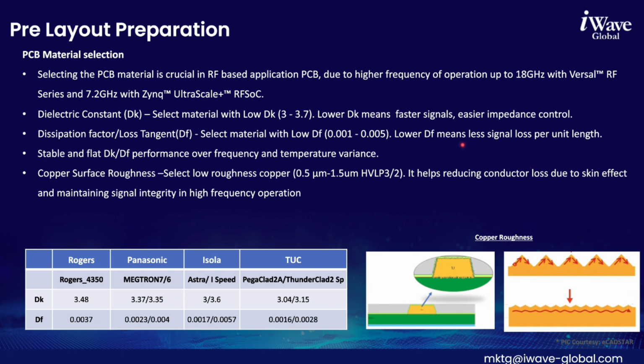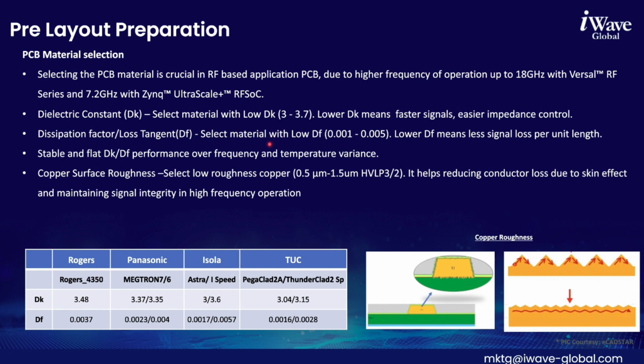We'll have less signal loss over the transmission line. So low Dk and low Df are key parameters. Not only that, we also have to look for stable and flat Dk and Df performance over the different frequencies of operation and the temperature variation of the material. So these are the key PCB material selection parameters.